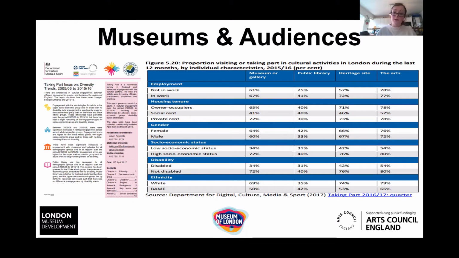The other one that I haven't spoken about here is the Audience Agency's Museums Audience Report, which was published in 2018. And I haven't put it here because it's based on MPOs, and where we can draw data from as comparison to London, we are talking about the much larger organisations here, whereas the Taking Part survey is the audiences for all museums.